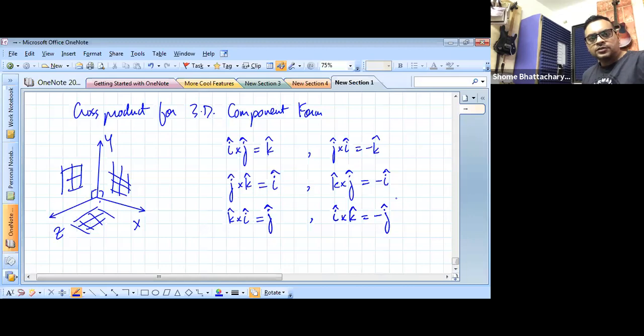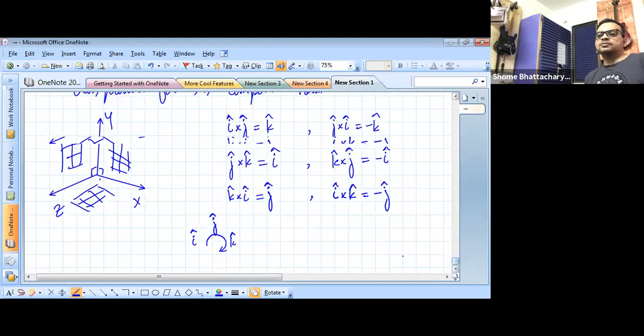Right, so hope this is clear. Now there's a very easy way to remember this relationship, and that is called the circularity of ijk. If you just draw i, j, k in order like this and make a circular arrow like this, you'll see that whenever you go along the circle, you get a plus sign. So i cross j is plus k, j cross k is plus i, and k cross i is plus j. But whenever you go opposite to the arrow, you get a minus sign.